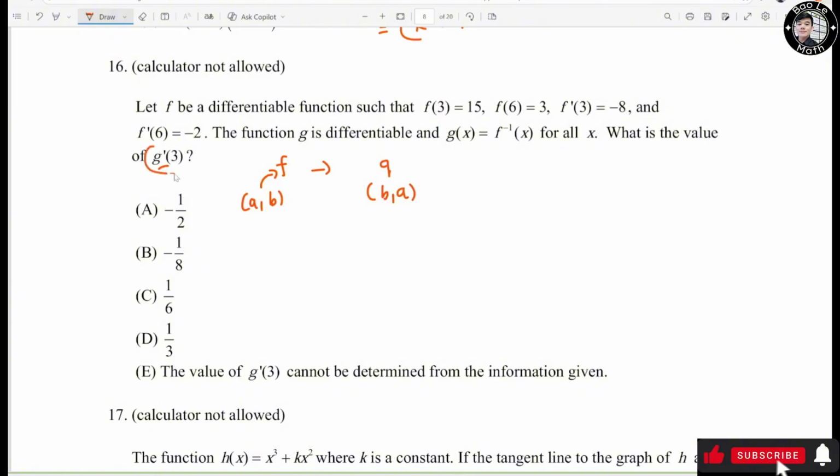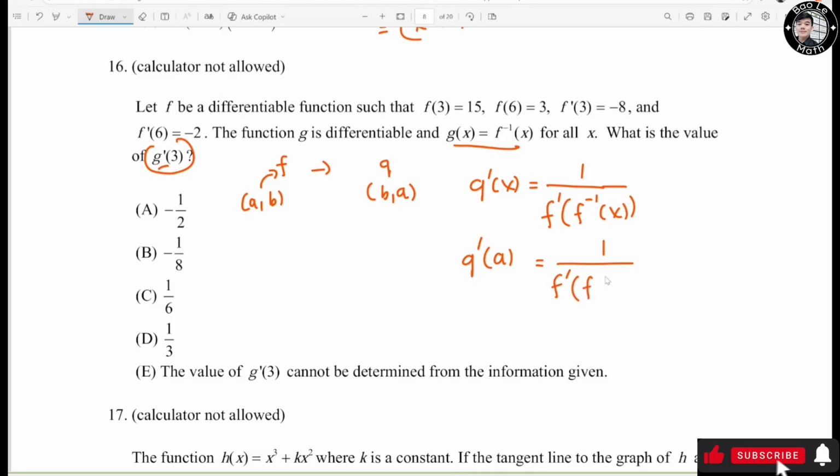Now we need to calculate g prime of 3, so we take the derivative. It could be g prime of s equals 1 over f prime of f inverse of s. So g prime of a equals 1 over f prime of inverse f of a. Now inverse f of a is actually b, because f and g are inverses of each other.